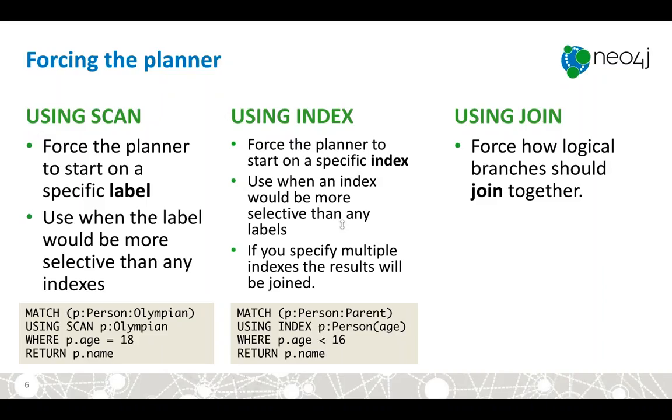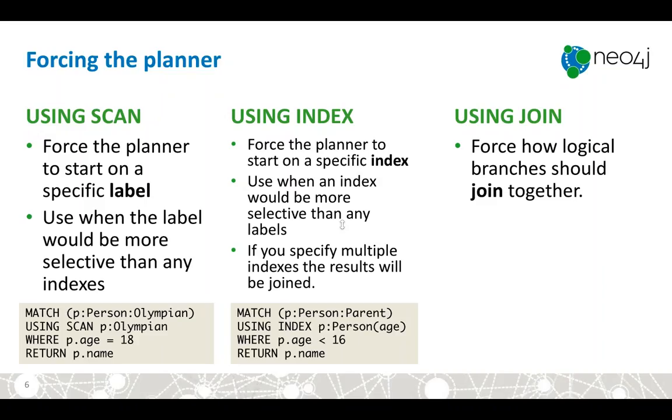The Cypher planner is actually pretty good when it comes to equality in determining the selectivity of the index. However, when we're doing a range comparison here, where we're saying the age less than 16, it's not possible for it to determine how selective that particular range query would be.